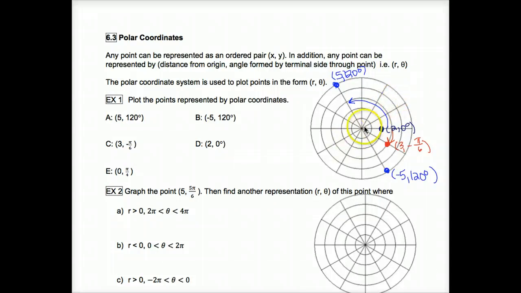Again, I don't have the 45s on this particular polar plane, but I know pi over 4 is halfway between the 30 and the 60. So I go to where I hit pi over 4 and go back to the pole for my starting point, and because r is 0, I'm going to land right there on the pole. And so that would be my point (0, pi/4).